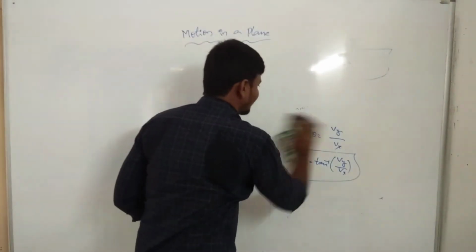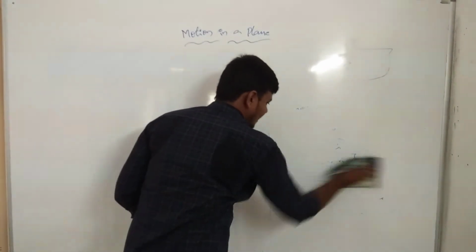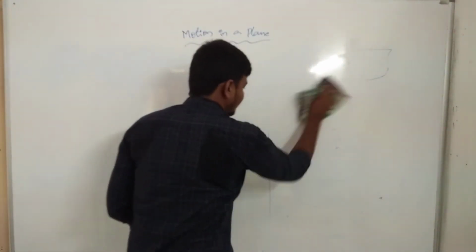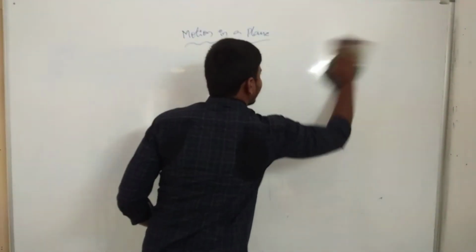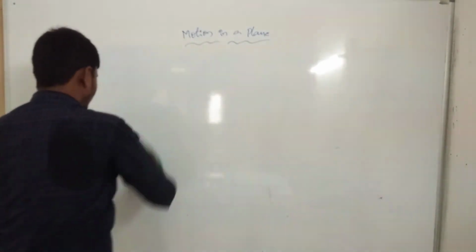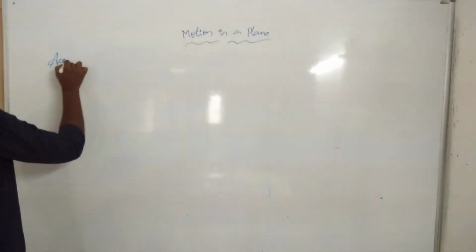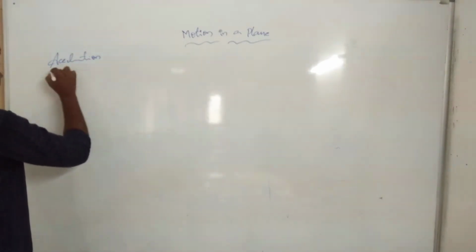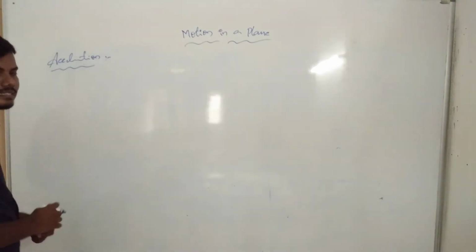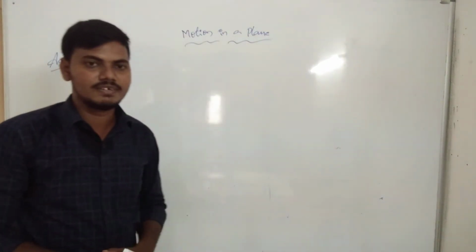Now graphically, there are three kinds of information. Acceleration. Now what is the definition of acceleration?